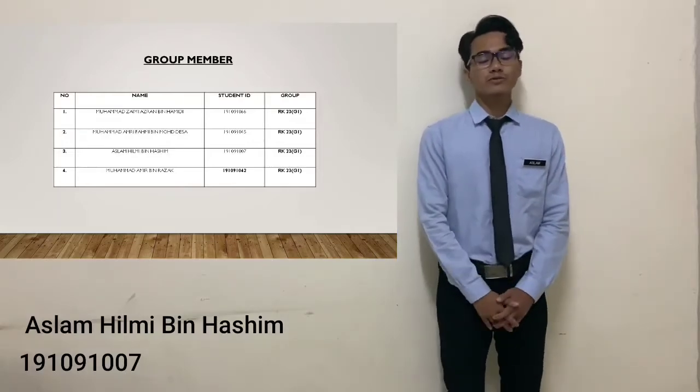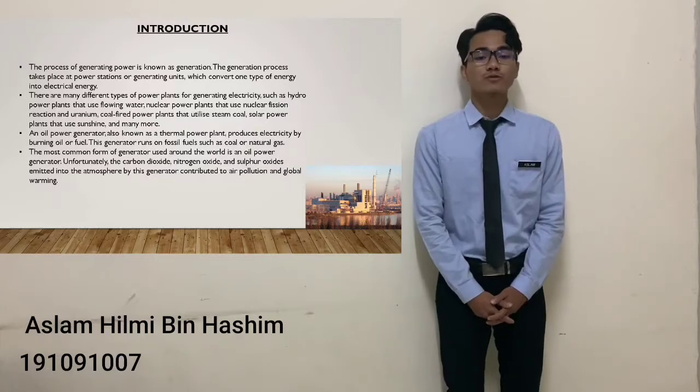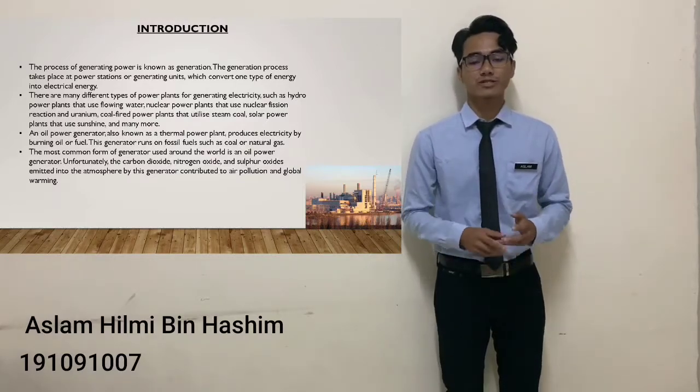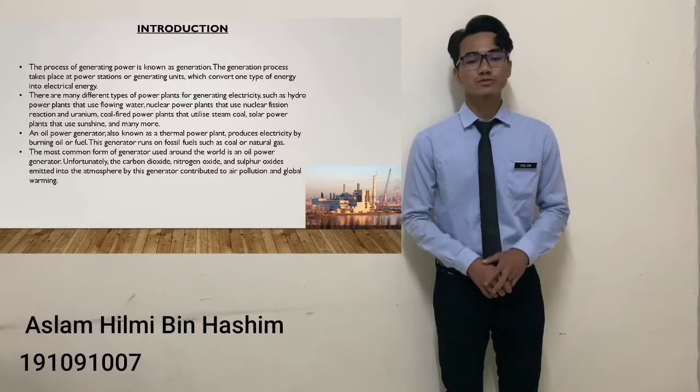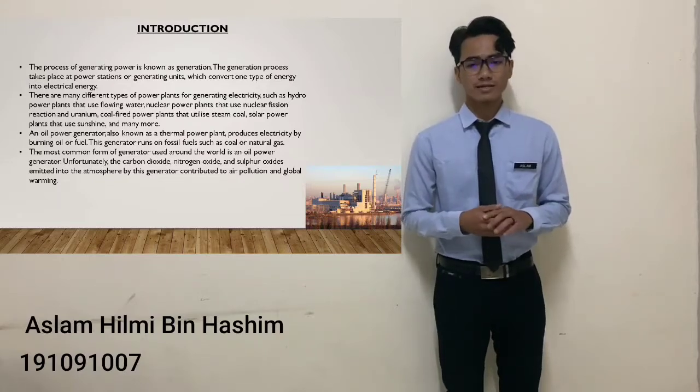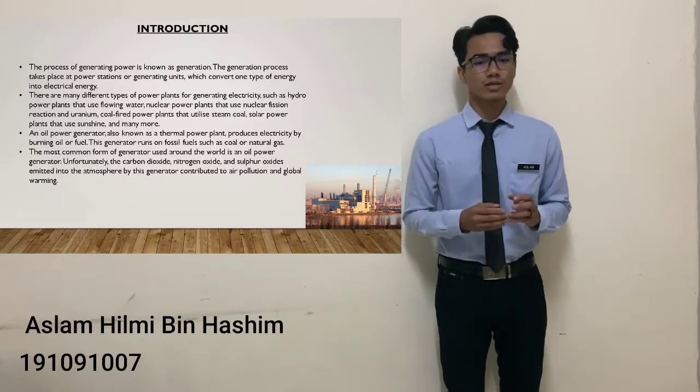Okay, I will continue with the introduction. The process of generating power is known as generation. The generation process takes place at the power station or generating unit, which converts one type of energy into electrical energy.